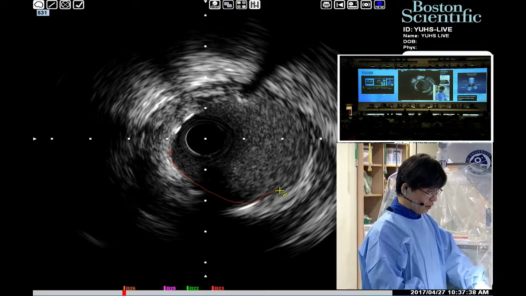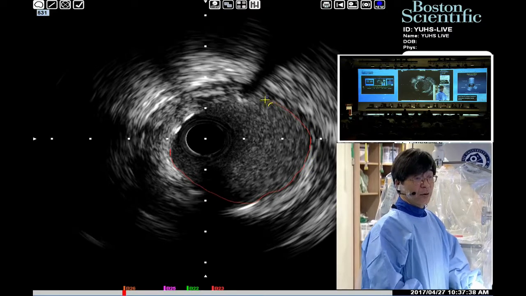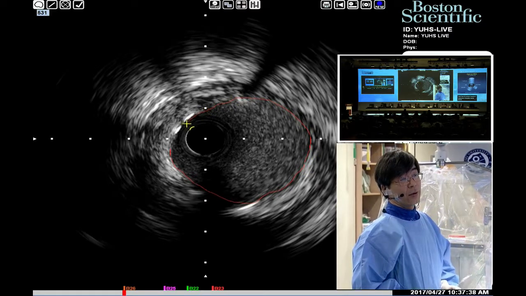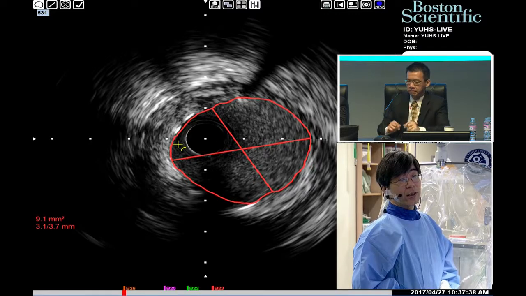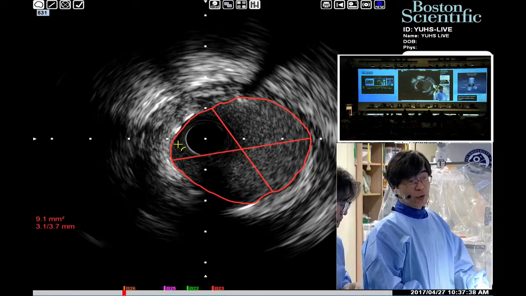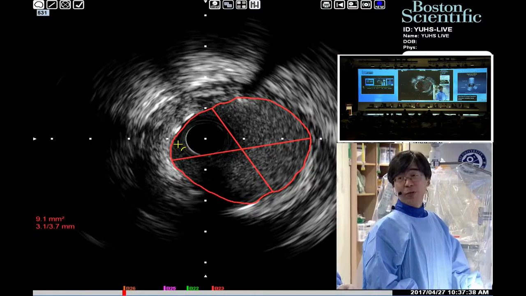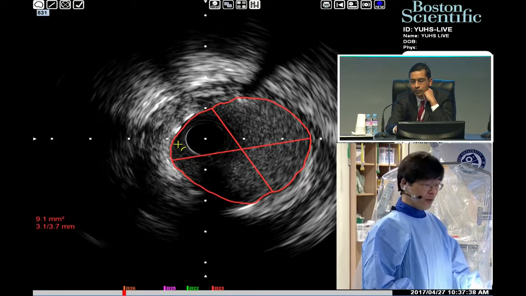And Professor Hong, how long would you allow the surgeon to withhold the antiplatelet agent? At that time, we usually recommend the current guideline. What I mean is, stop the Plavix for 5 or 7 days, and then continue the aspirin. So even though we recommend the aspirin, surgeons want aspirin discontinued as well.